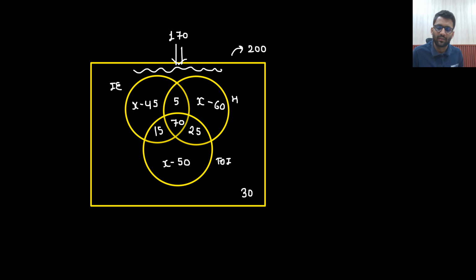This will be 20. This will be 25, and this will be 10. There are 110 guys who read complete Hindu. The Indian Express guys are 90 plus 25, 115, and the Times of India guys are 90, 110, 130. Okay, so this stands true. So this is the final Venn diagram.